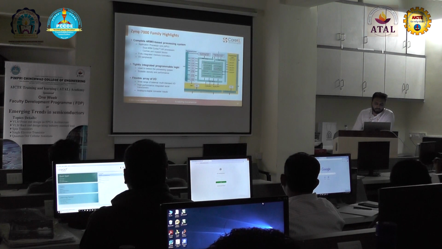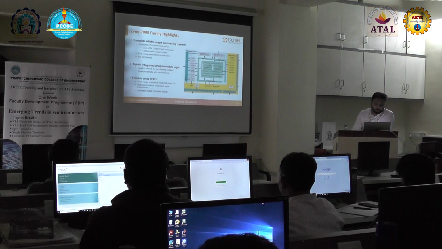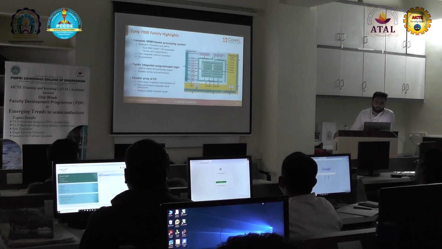This comes under the flexible array of input outputs, and you have high performance integrated serial transceivers, which are multi-gigabit transceivers, and analog to digital converter inputs. This is the XADC, Xilinx analog to digital converter. This is an on-chip XADC. You can use it for any analog to digital conversion ports.